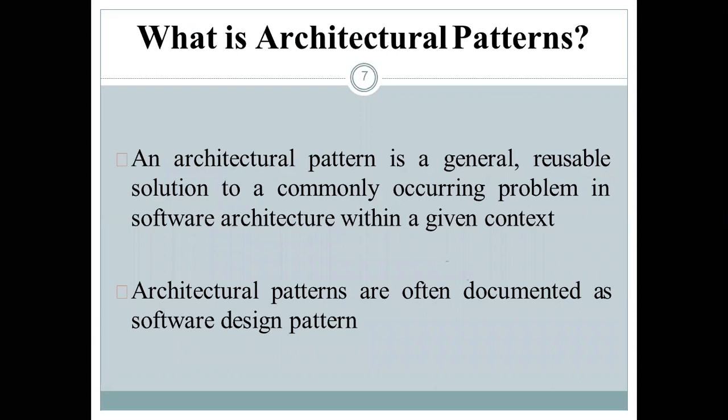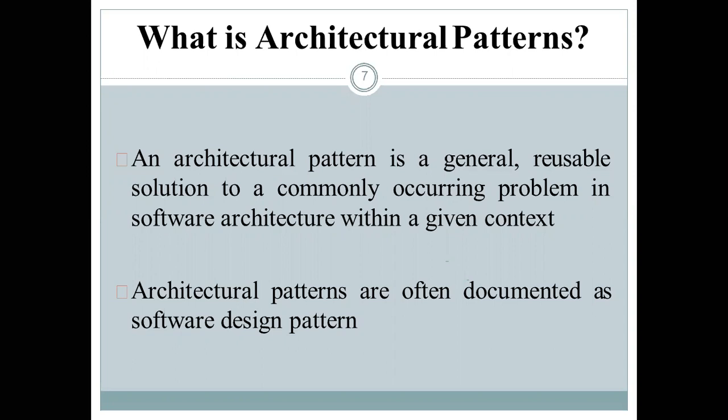Then what is an architectural pattern? An architectural pattern is a general reusable solution to a commonly occurring problem in software architecture within a given context. Architectural patterns are often documented as software design patterns, as the subject name suggests, software architecture and design patterns.